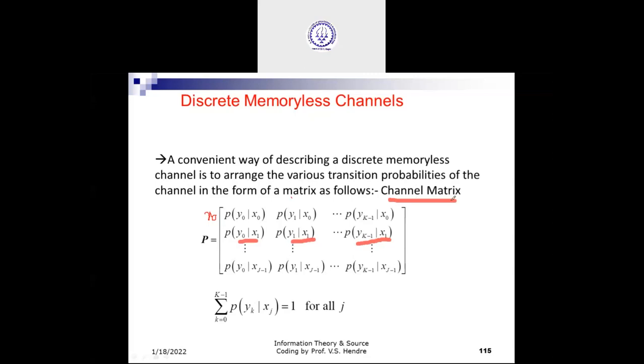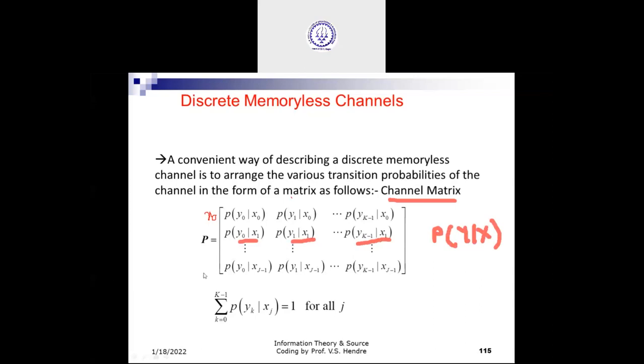In the examples of discrete memoryless channel, we are able to design such a channel matrix. The channel matrix that we have defined here is basically denoted as P of y given x, because y0 given x0, y1 given x0, like that.